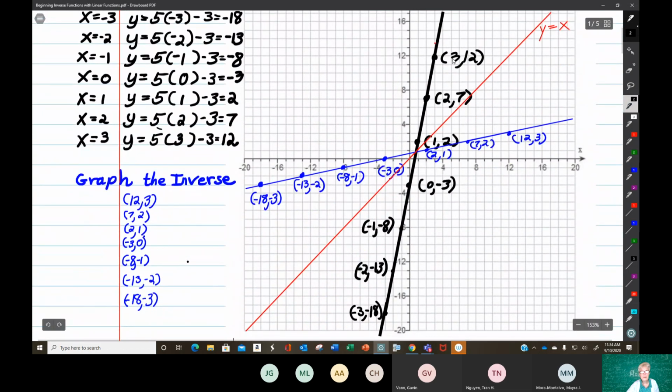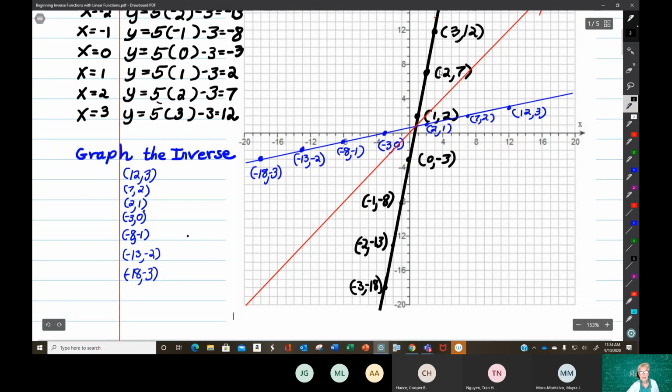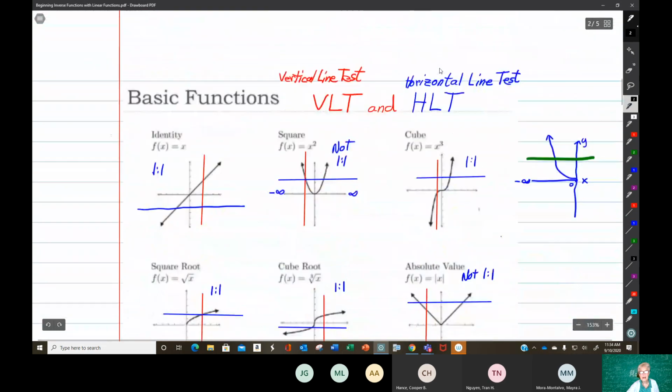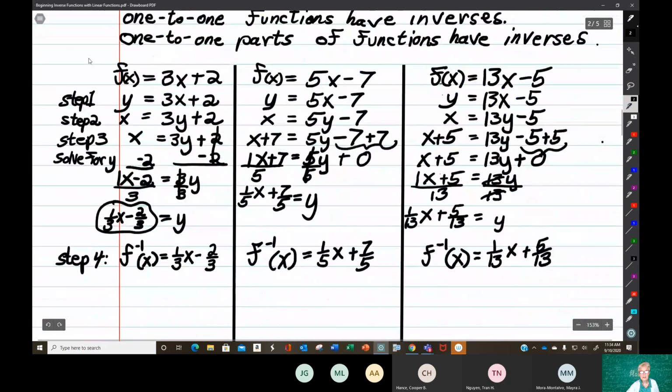If not, remember that the great thing about inverses is they reverse the x's and y's. And that is a step when you're finding the inverse of a function. You reverse the x's and y's. And then you solve for y, and you get the inverse, if what you're dealing with is a one-to-one function.